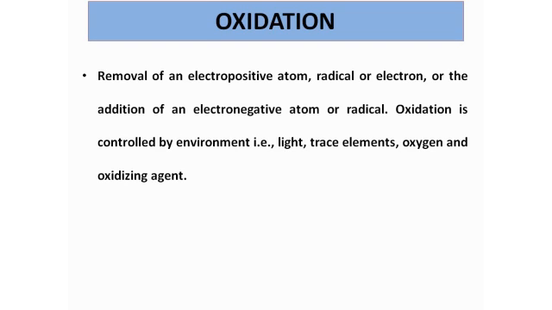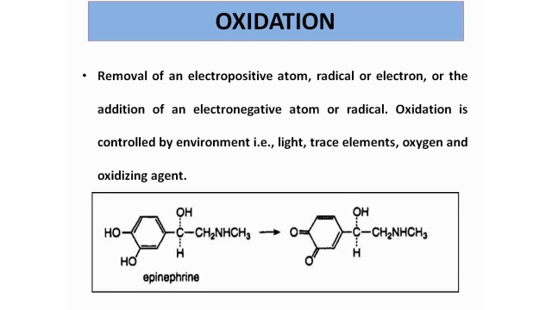Oxidation is controlled by the environment, which includes the presence of light, trace elements, oxygen and oxidizing agents. You see the oxidation of epinephrine: how these two hydroxyl groups get oxidized to this. Clear?